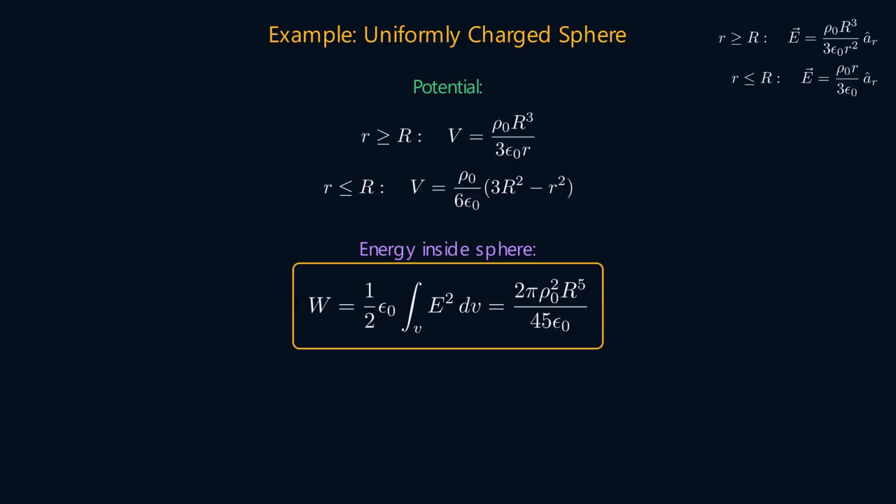For the stored energy inside the sphere, W equals 1/2 epsilon 0 integral of E squared dv. Substituting and integrating in spherical coordinates gives W equals 2 pi rho_0 squared a to the fifth divided by 45 epsilon 0. This result tells us exactly how much energy the field configuration stores within the charged region.